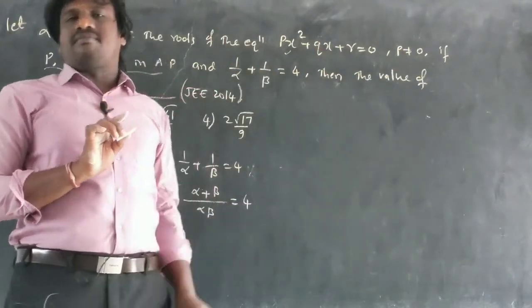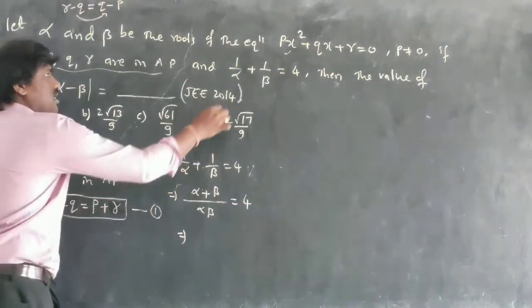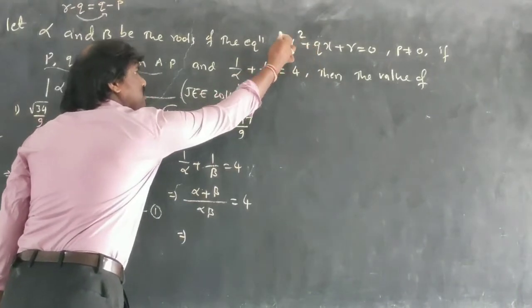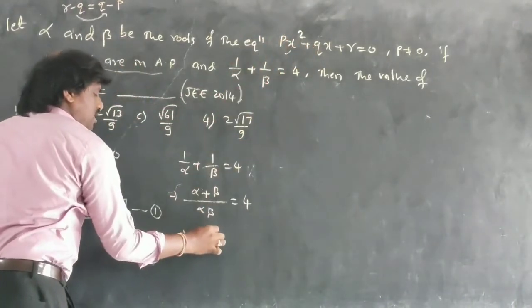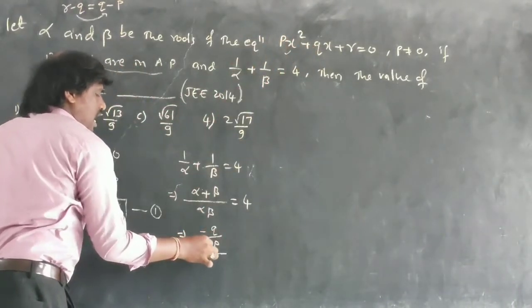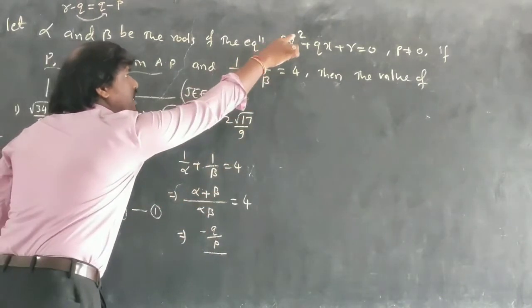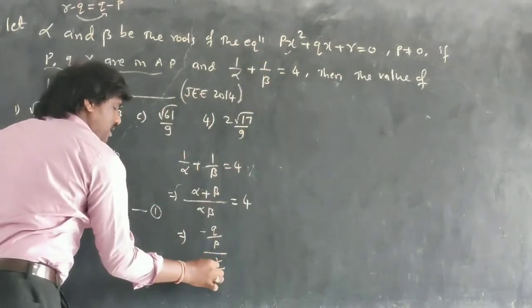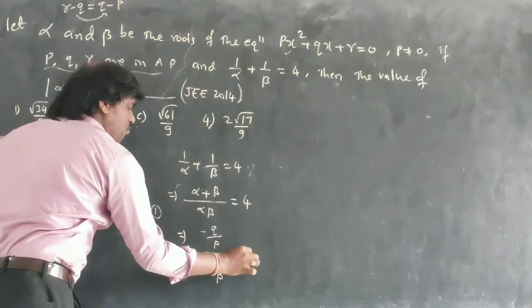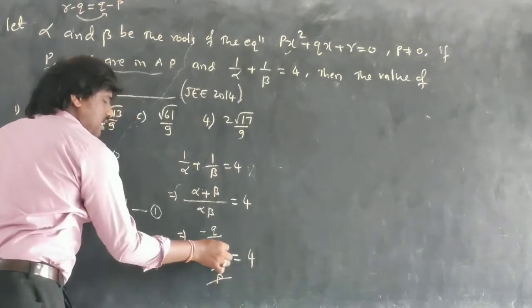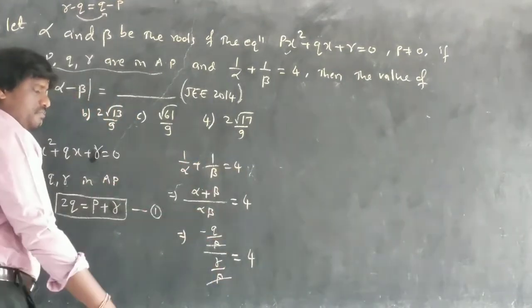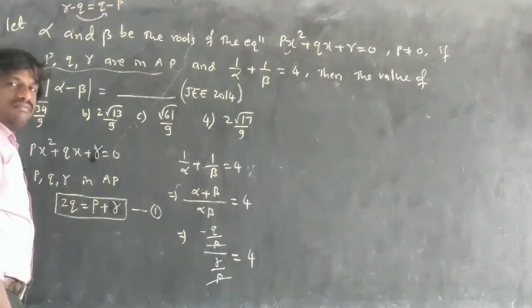Then what is the sum of the roots formula? You can use here: sum of the roots is minus b by a, that is minus q by p, and product of the roots is c by a, that is r by p, and the ratio is equal to 4. This p and this p get cancelled out. Hope you understand what I have done.